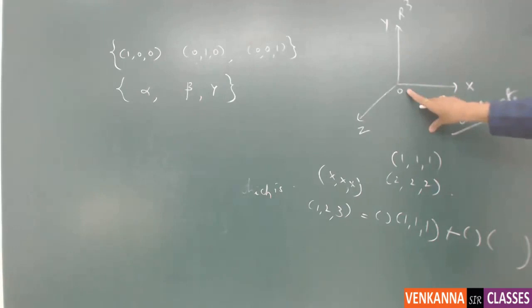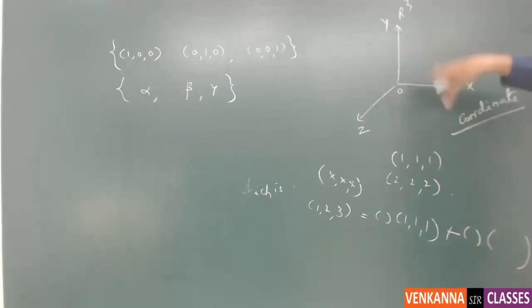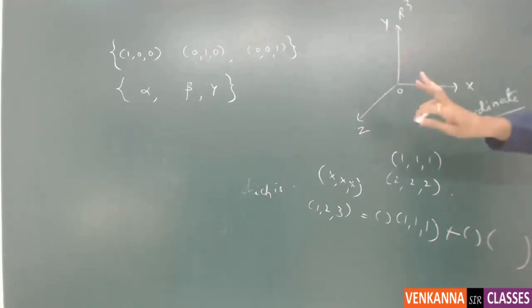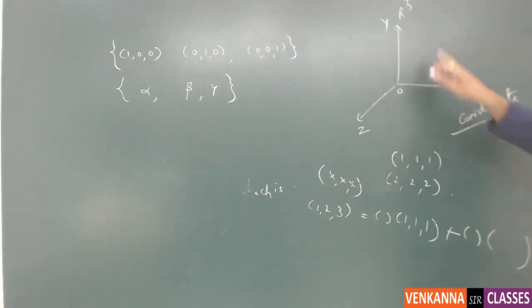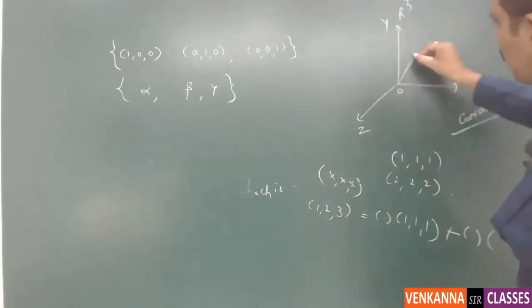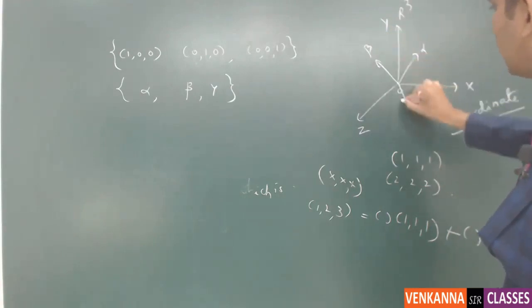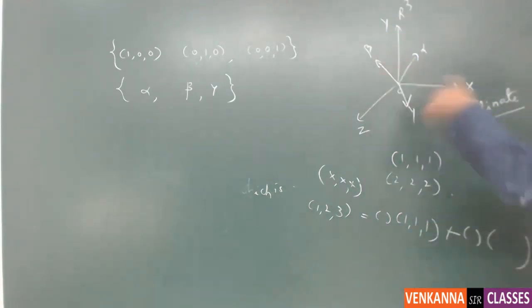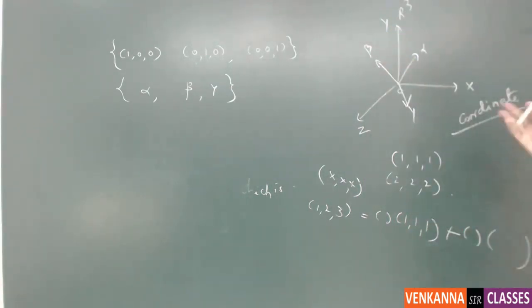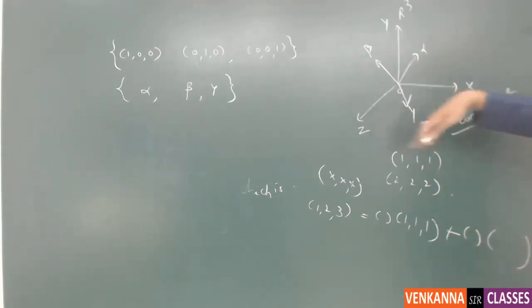We call it the origin, and these three are mutually perpendicular, so that whatever point you take in space will be represented by means of these three axes. Similarly, I take three mutually perpendicular lines or vectors alpha, beta, gamma, so that whatever vector I take in R cube, I represent by means of these three. So this is also a basis.